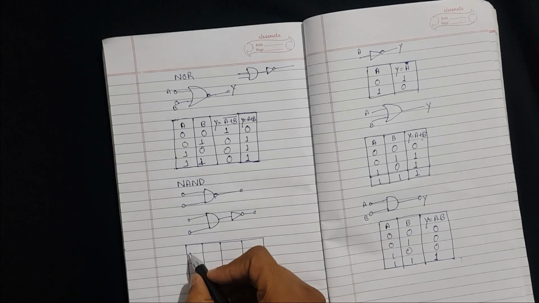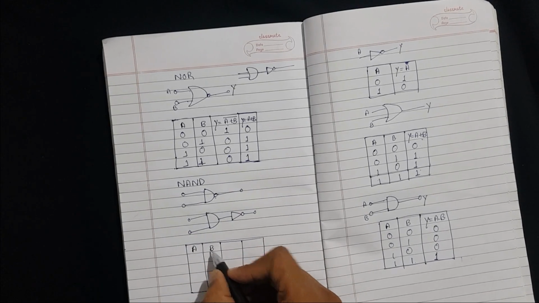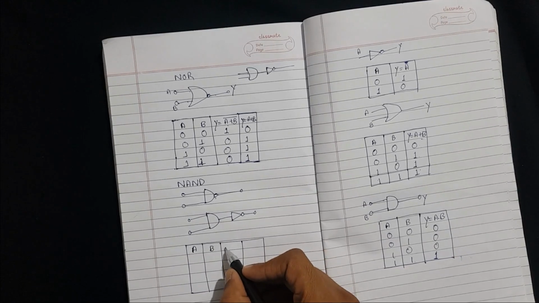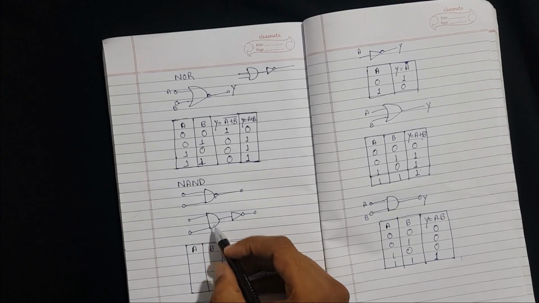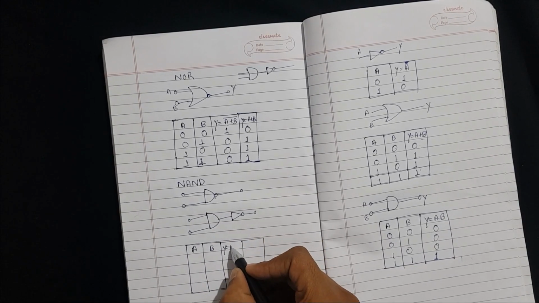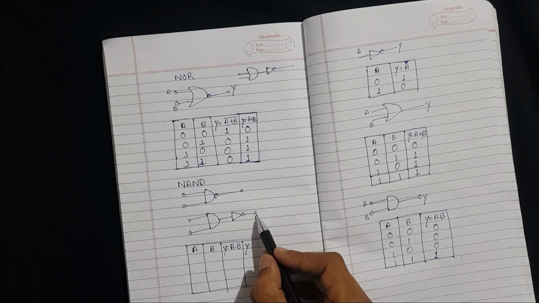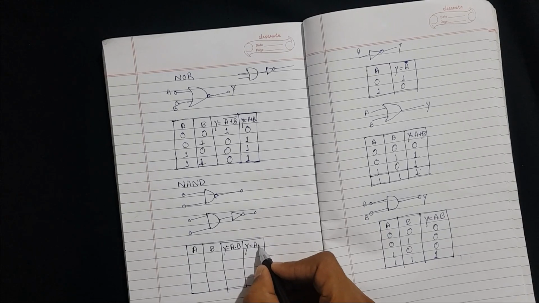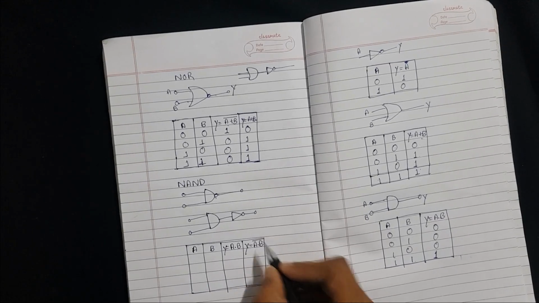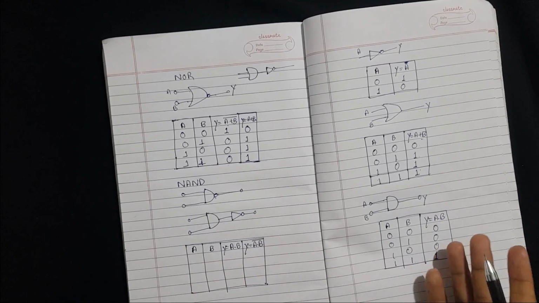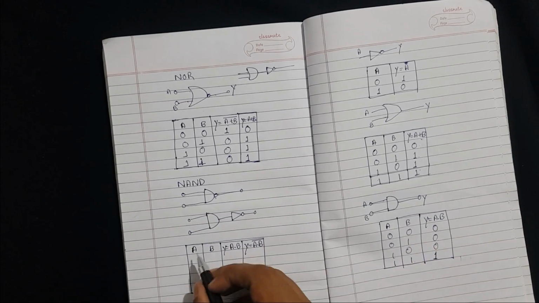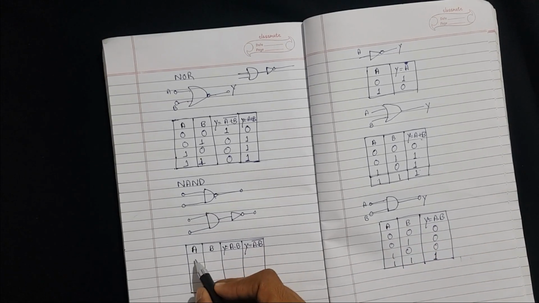For the NAND gate, this is our input A, this is our input B. Here I'll show you the output of the AND gate, which is A multiplied by B. The output of the NAND gate here will be (A multiplied by B) inverse. So I'll copy the NAND gate truth table here, and we'll see how it works.